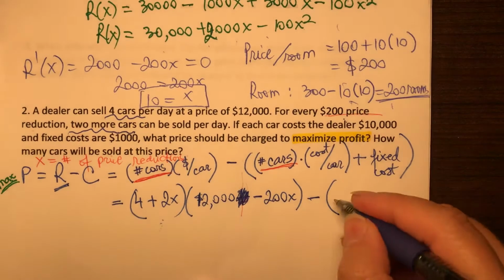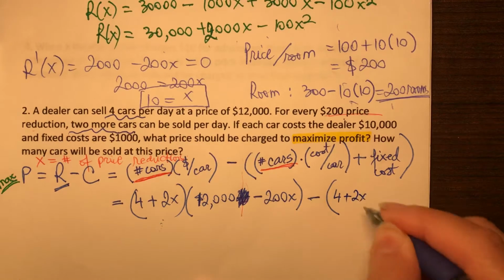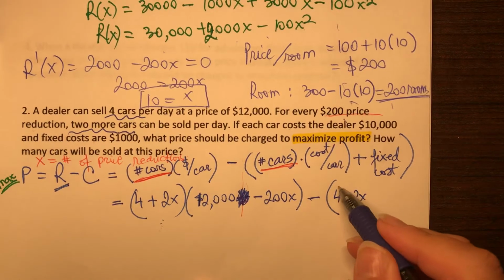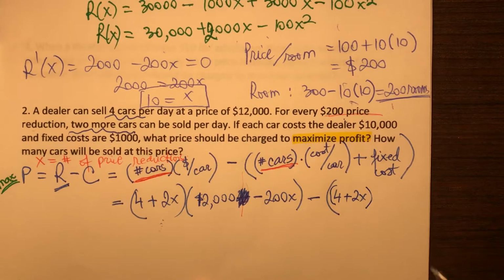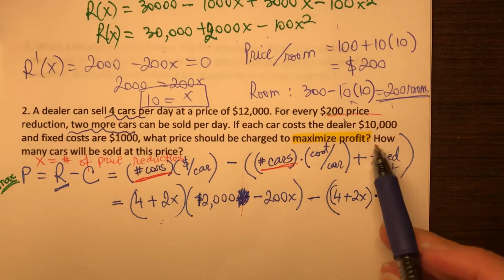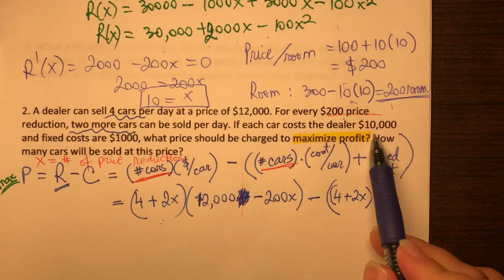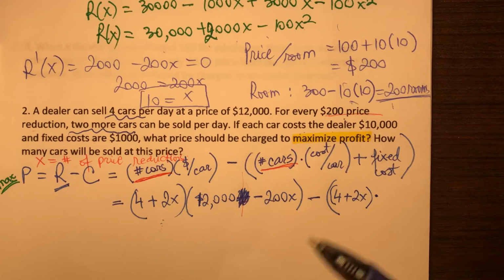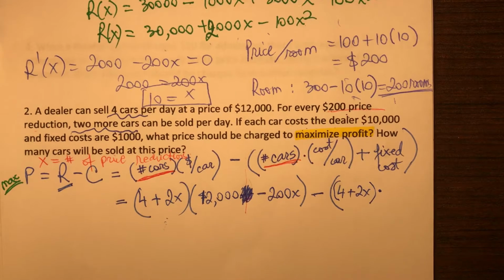Okay, so how many cars? Well, it's the same, 4 plus 2x, yes? Times, though, what's the cost per car? It costs the dealer $10,000. Doesn't say 10,000 more, 10,000 less. It doesn't matter how much the dealer ends up spending or selling these cars for. That's what he had to purchase it for to begin with.